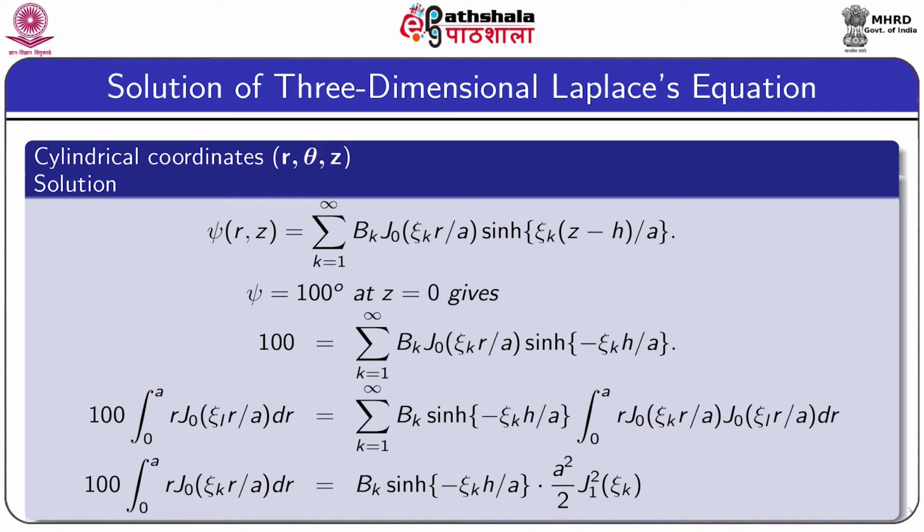So, to find the coefficient bk of the Bessel function, we need to multiply the relation by J0(ξl r/a) times r on both sides, and if we use the orthogonality property of Bessel functions, we obtain the relation which is written here: 100 times the integral from 0 to a of r J0(ξk r/a) dr equals bk sinh(-ξk h/a) times a²/2 J1²(ξk).